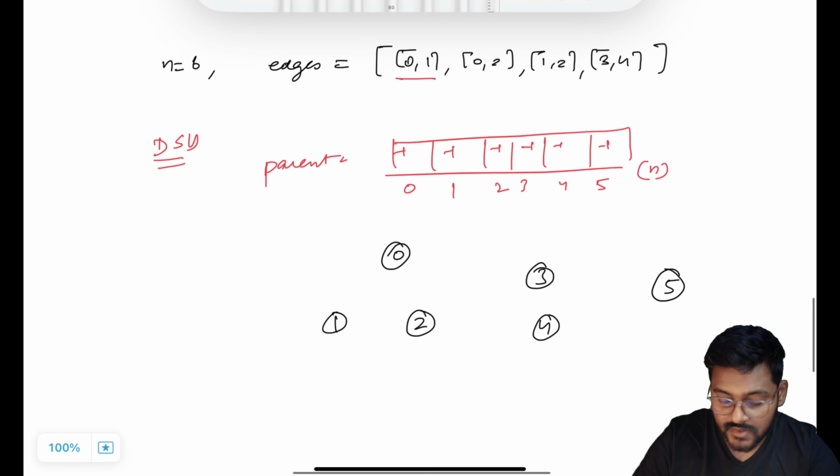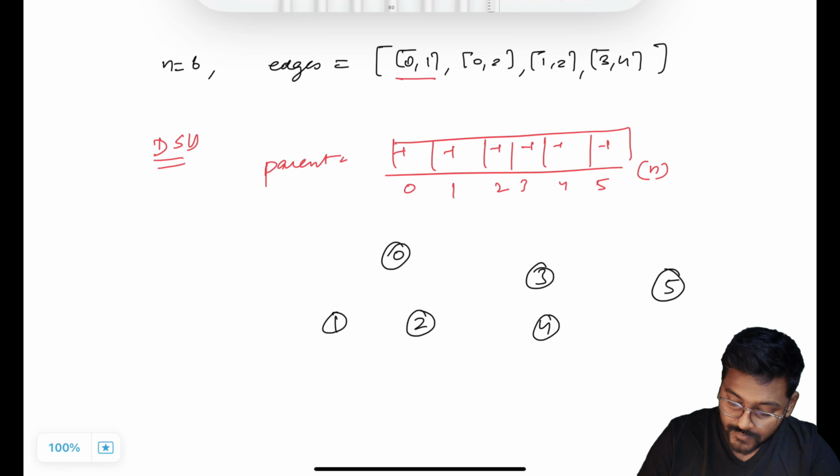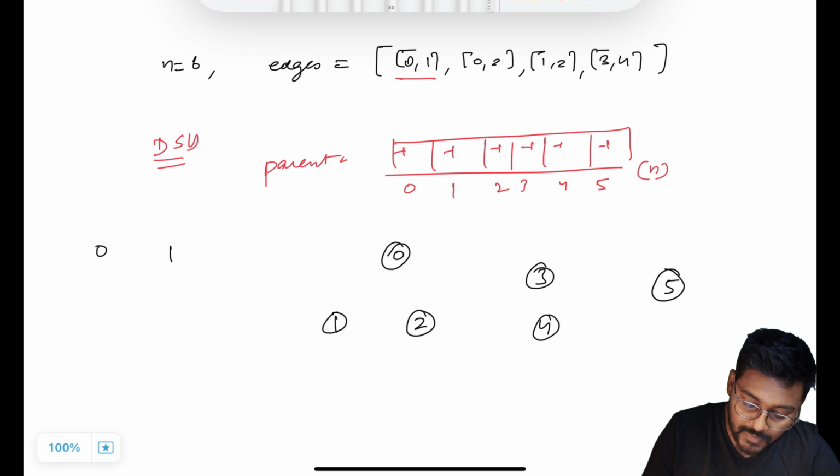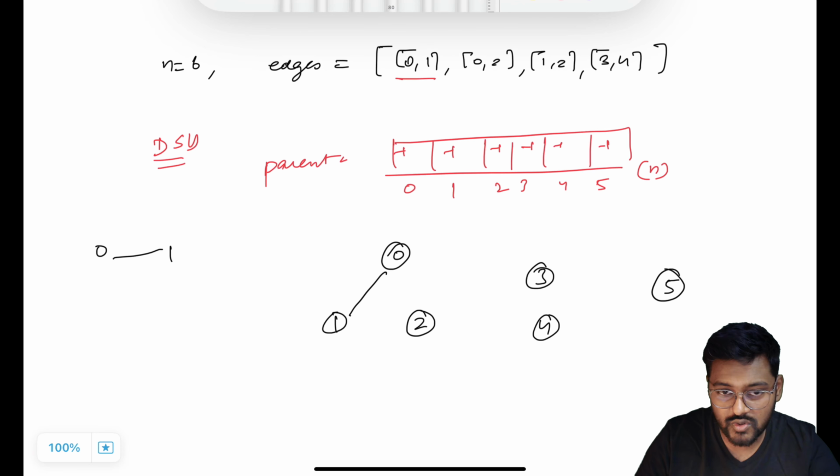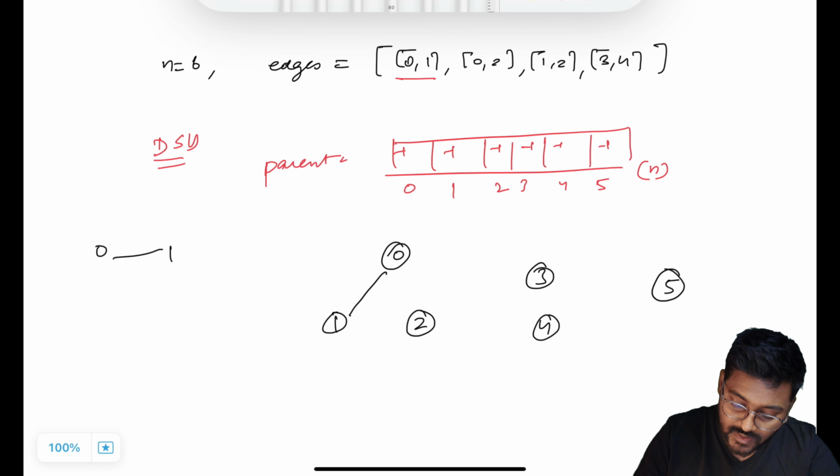Parent of 0 is 0 itself because it is -1, and parent of 1 is 1 because it is -1. Just combine these two parents as well. In this case, we are connecting two components, so these two will be connected, and whichever one you can choose as a parent. Let's say I have chosen 0 as a parent, so 1 will have 0 as a parent and 0 will have -1.